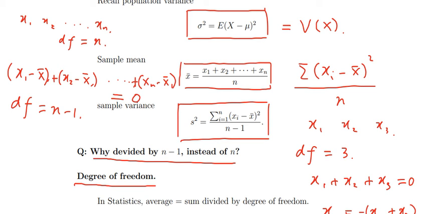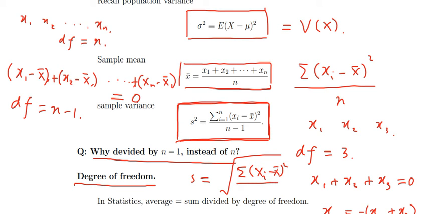Okay, so this is the formula for what we call the sample variance. Then take the square root, and we call this the standard deviation. Xi minus x bar squared, divided by n minus 1.